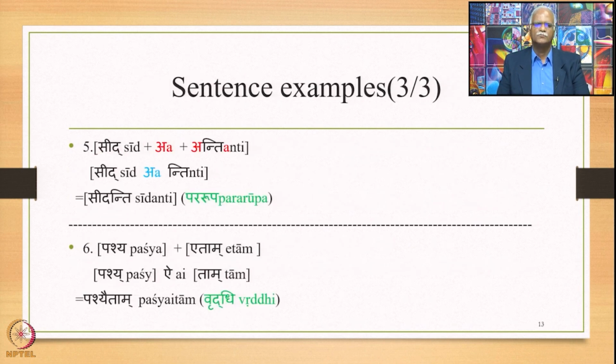So this is how we can take multiple examples of sentences, and we can show various sandhis applying and making those units fit to be used as part of the sentence.